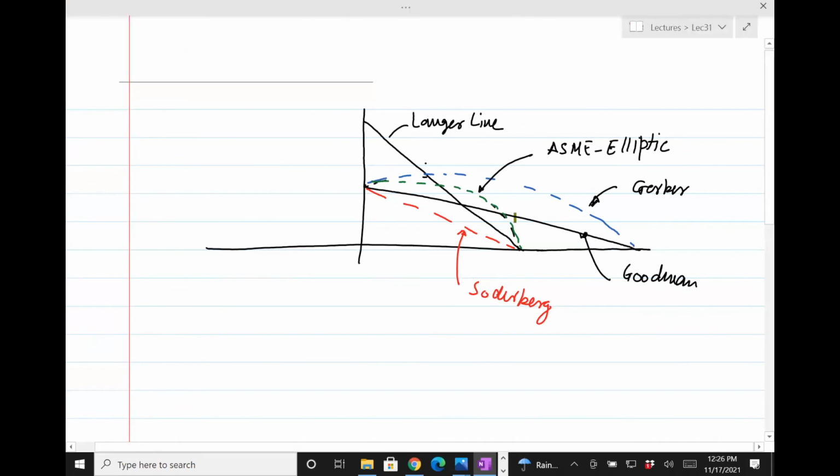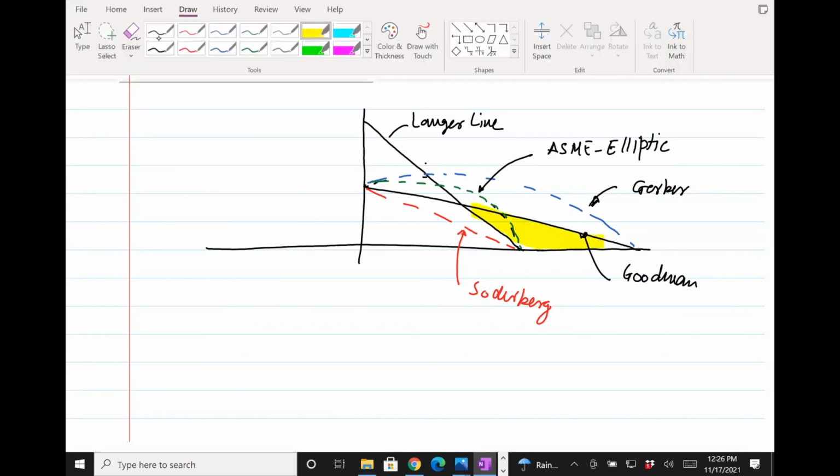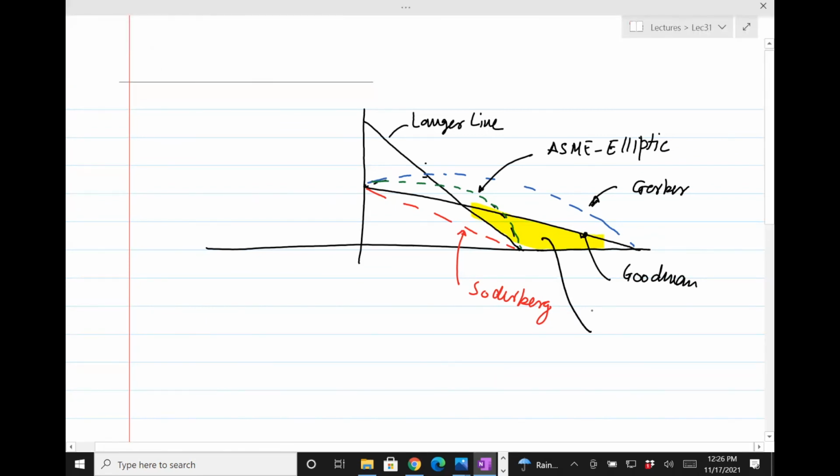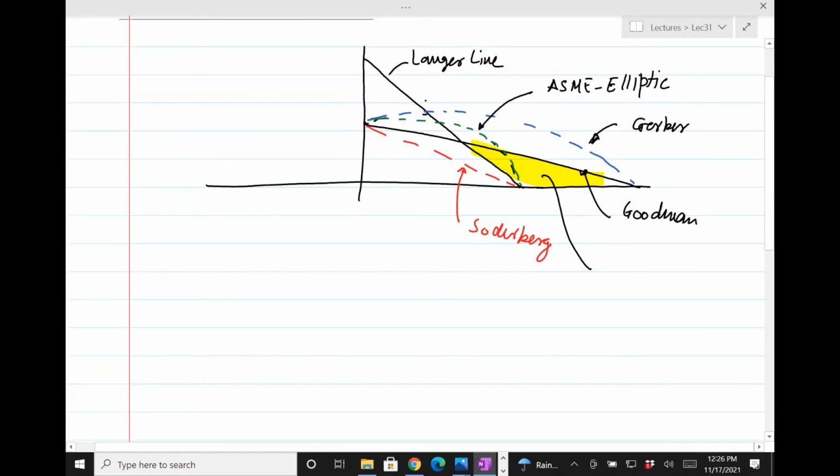Okay, so you can see that there is a region which is precisely here where yield happens before fatigue.